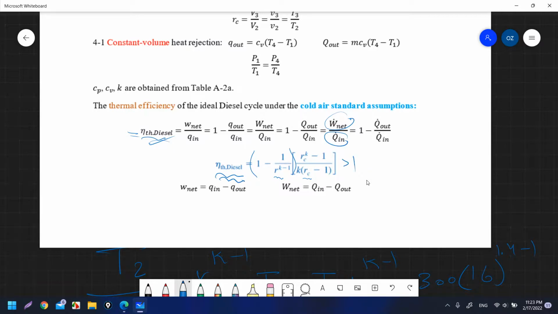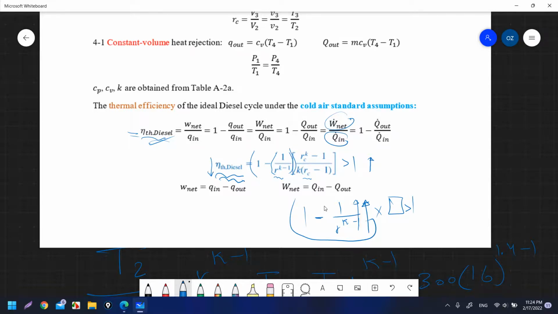But it is always bigger than 1, which means it will increase the term 1 over r to the k minus 1. If you multiply it by something higher than 1, it will increase its value. Then this term is subtracted from 1, so if we increase this value, you will decrease the whole term, and then you will decrease the thermal efficiency.